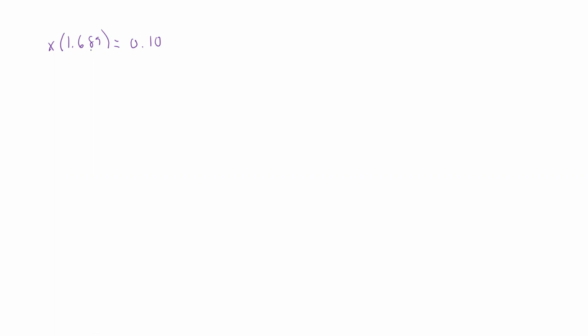All right, so what do we do now? Well, we do what we just did before, divide by 1.689, and again, we have to move 1, 2, 3 decimal places here. And so it looks like we have 1689 into 100.